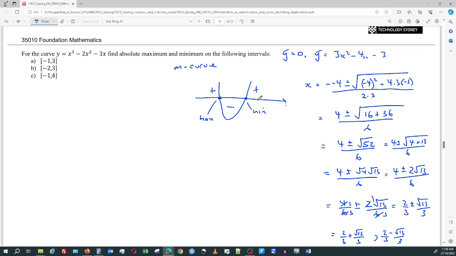So there's some use in using this curve this way. Combining it with intervals is a nice, neat idea. So this one here's the minus, which is 2 minus root 13 on 3. I've joined the fractions up. And this one's 2 plus root 13 on 3. Got them back to front, didn't I? Okay. All right, so we need to check those against these now. So we didn't do a value, did we?